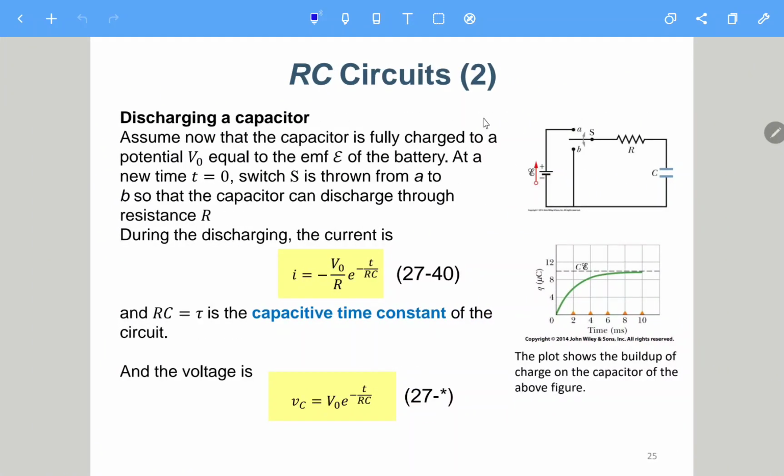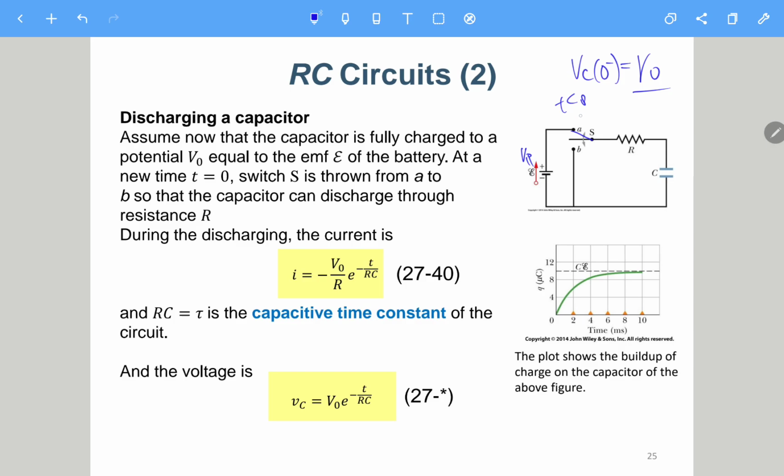Okay, so for this situation, it means that now the capacitor is fully charged to a potential, let's say V0 or E. We just call that one V0. At a new time, at T smaller than 0, the switch connects to A, after a long time, which means that VC 0 minus is actually V0.